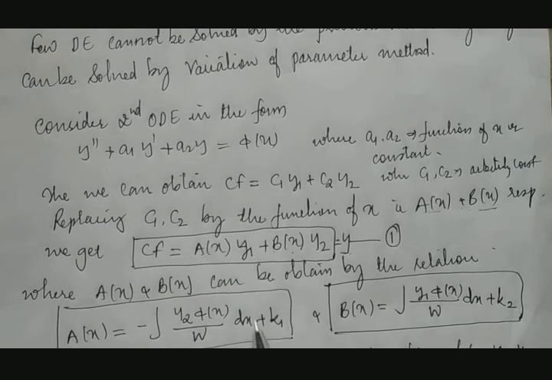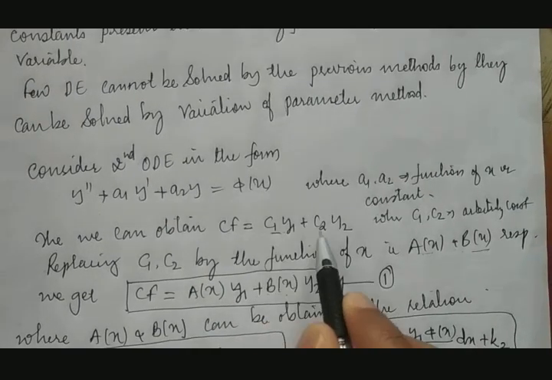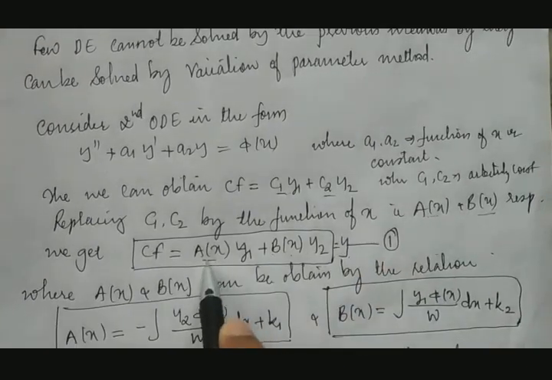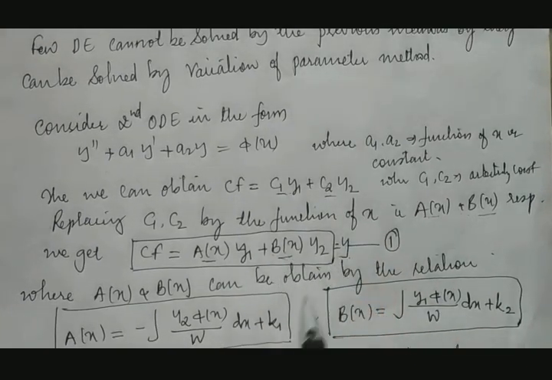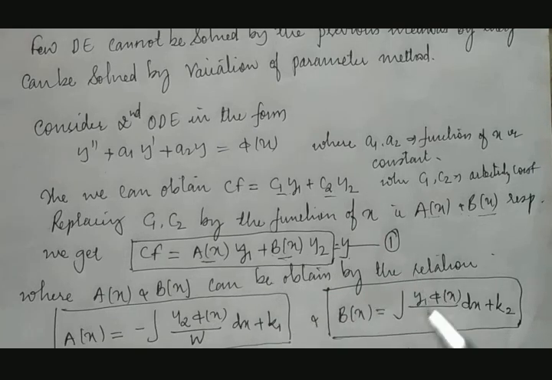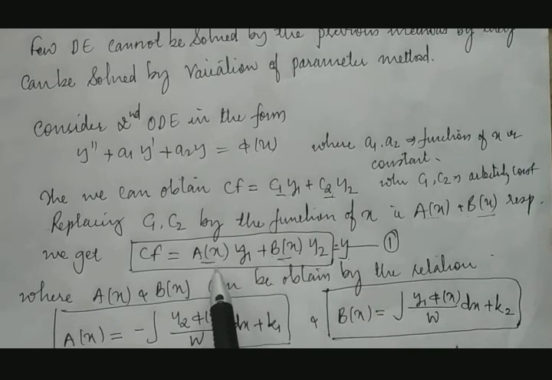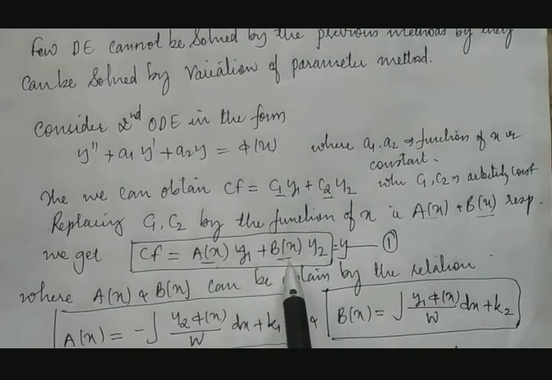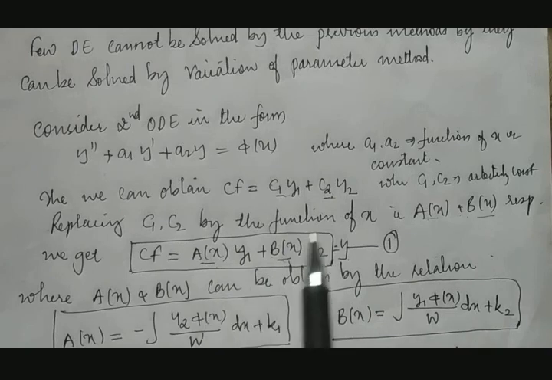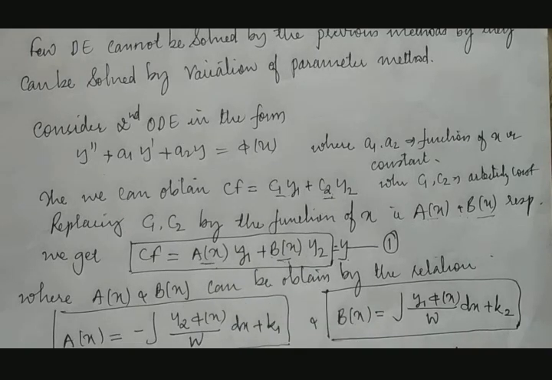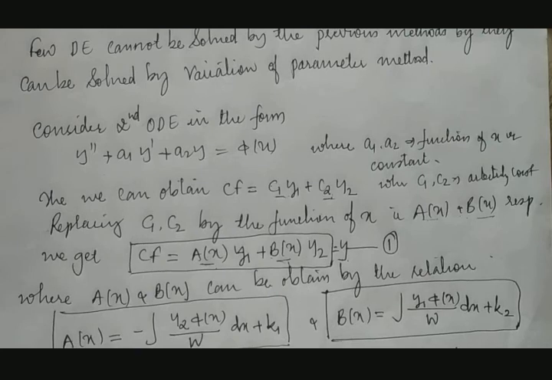That means arbitrary constants will be replaced by functions of x. c1 and c2 were parameters initially. These parameters are replaced by a and b, the new parameters. So it is making a change in the parameters, a variation of parameters. So it is called the variation of parameters method.